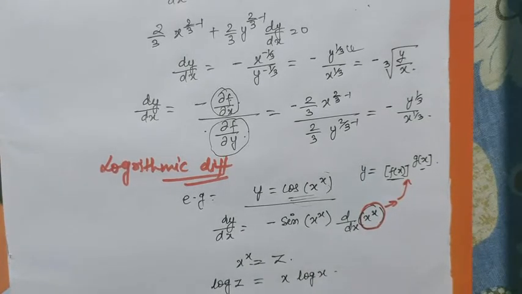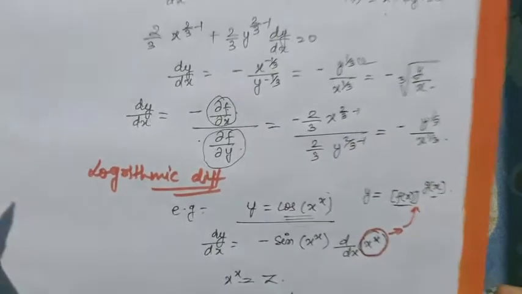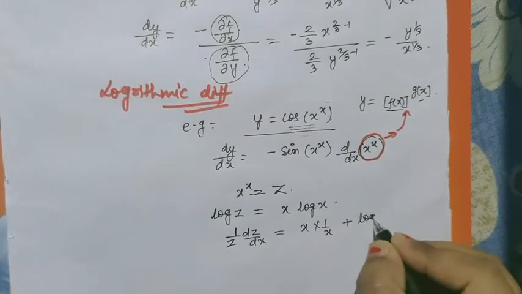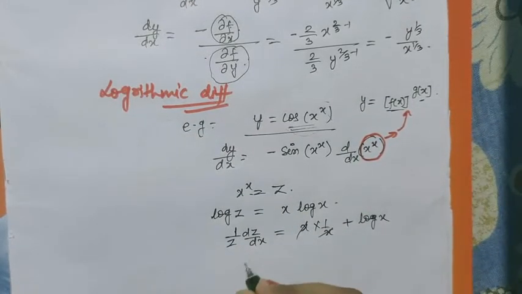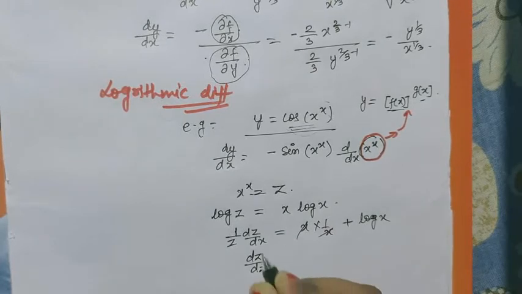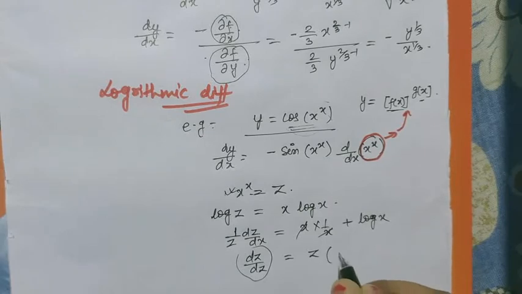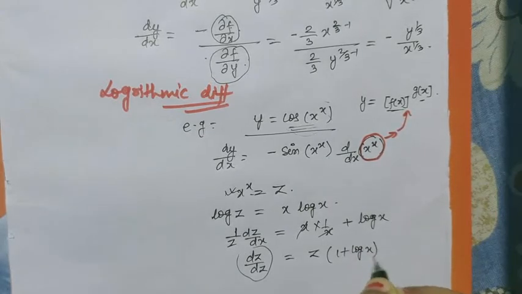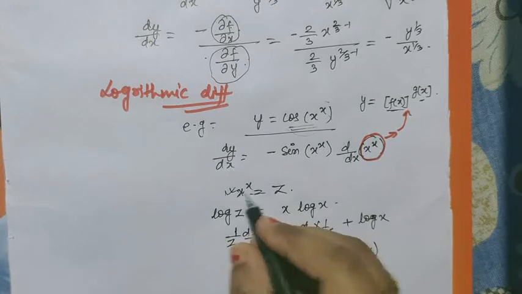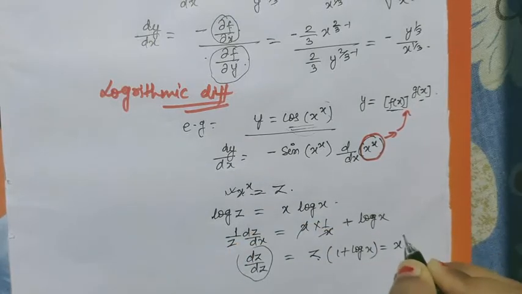Now differentiate it: 1 by z dz by dx will be x into 1 by x plus log of x. So dz by dx, the differentiation of this function, will be nothing but z into 1 plus log x, and z is what? x raised to power x. So x raised to power x into 1 plus log x.